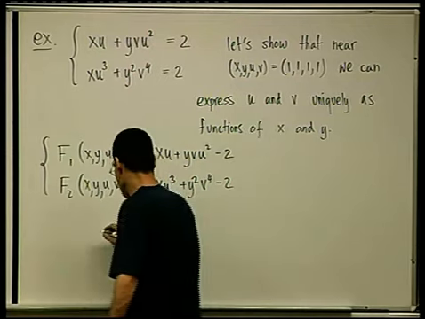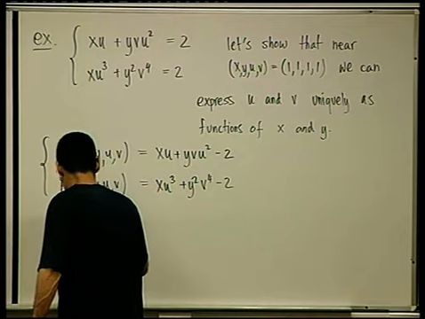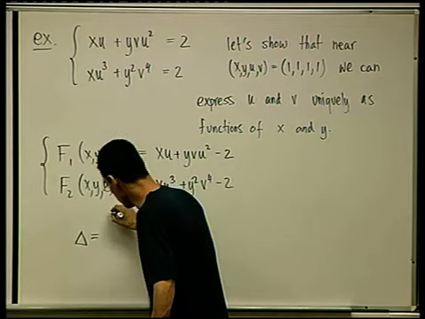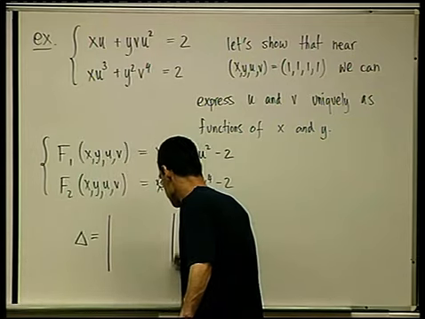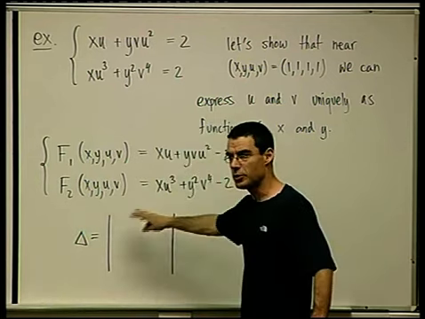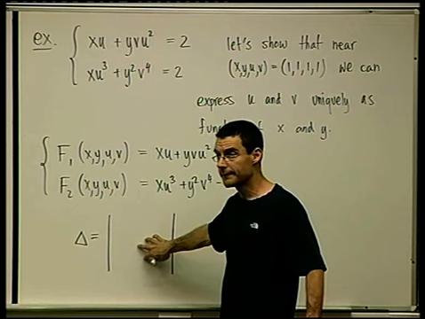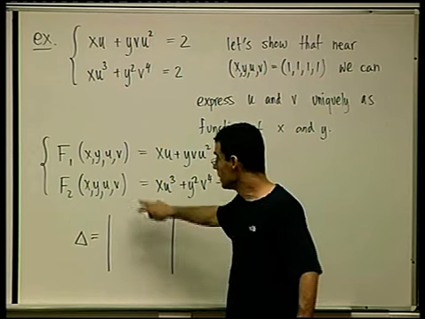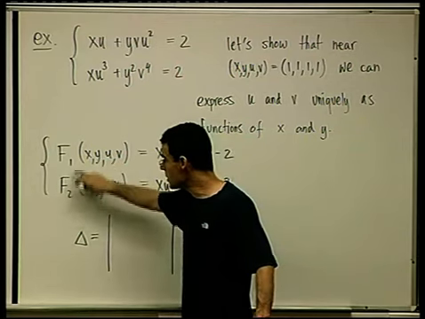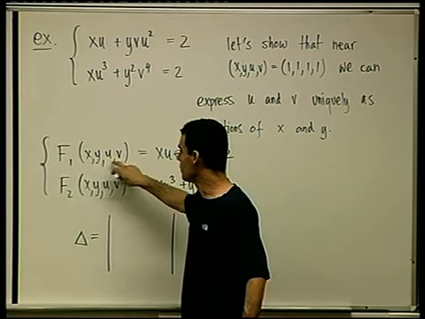What is delta? Delta is the determinant. How many entries is this matrix going to have? Two by two, exactly. There are two f's and there are two z variables.